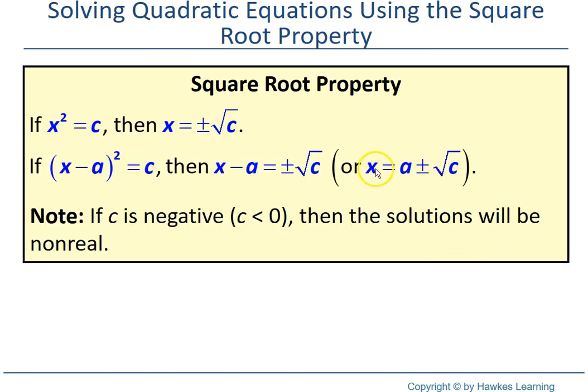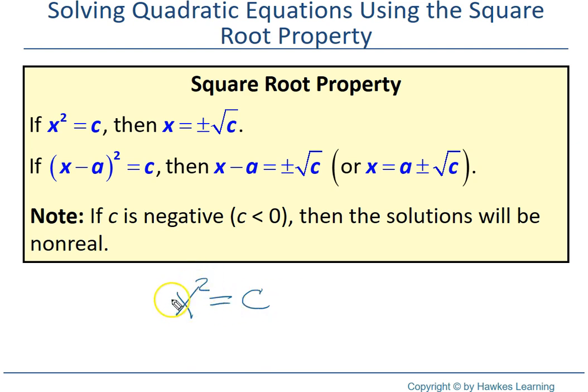Okay, now we're going to introduce what is called another way to solve quadratic equations. And that is, in this case, the square root property. And what is that? Well, if you have, as they're showing you here, I'll write it over here, x squared equals c.